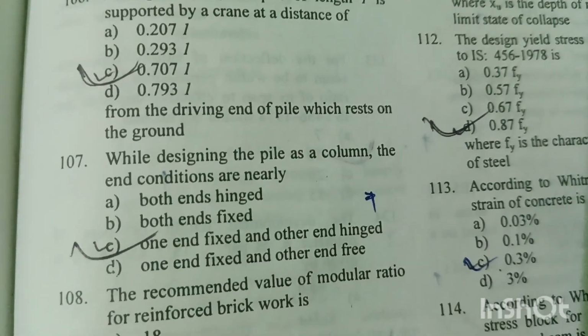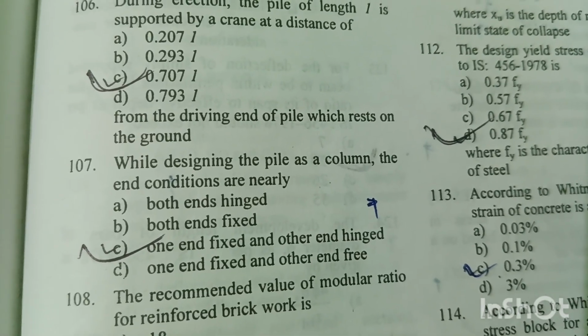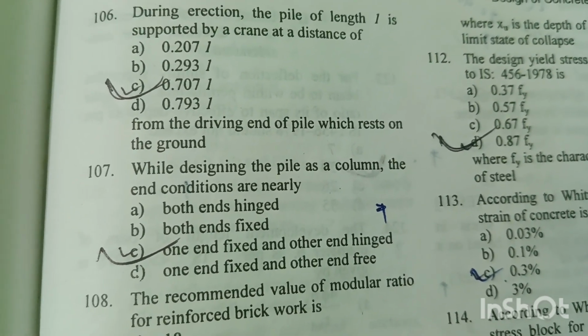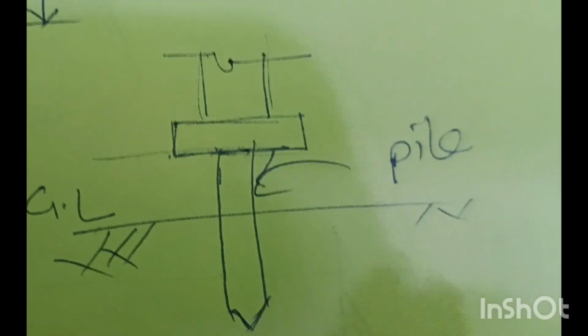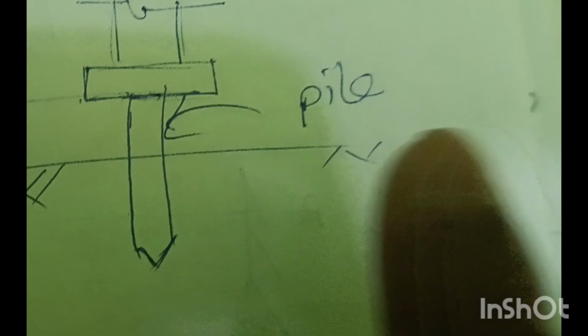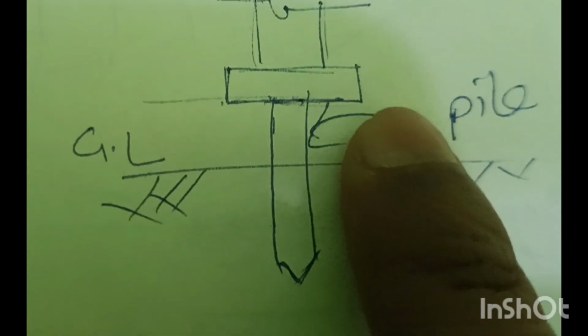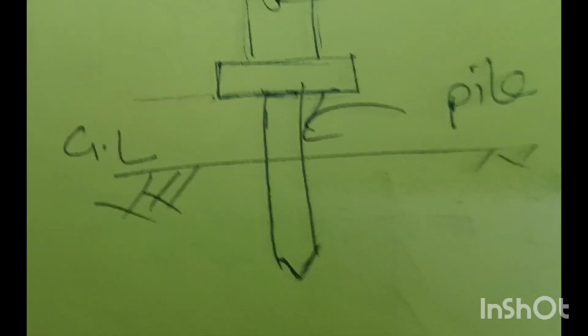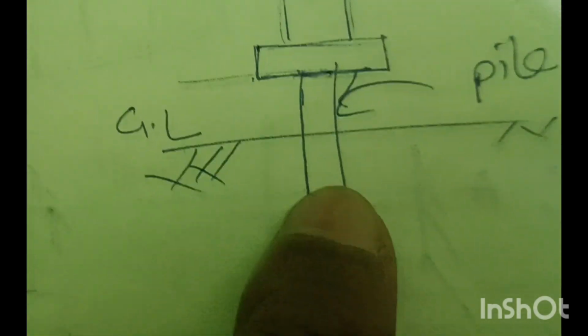Question number 107. While designing the piles as a column, the end conditions are nearly one end fixed and other end hinged. Option C is the right answer. Suppose this is the pile driven into the ground. So the pile is always designed as one end fixed and the other end hinged.